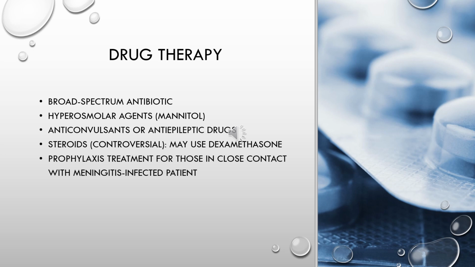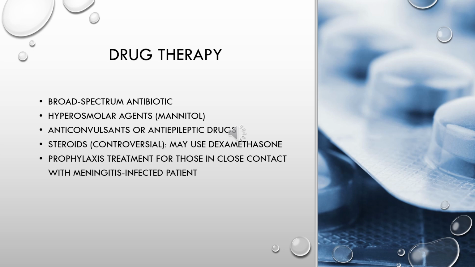Hyperosmolar agents like mannitol, this is the one that's mentioned in your book under ICP as well. It is an osmotic diuretic. You do need to look at your serum osmolality as well as watch your electrolytes, because this is one that can cause hyponatremia and hyperkalemia, so you want to monitor those.